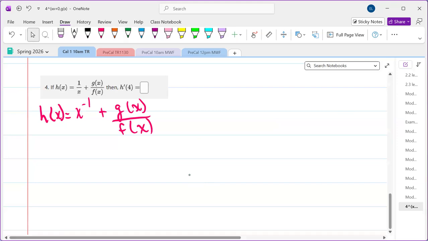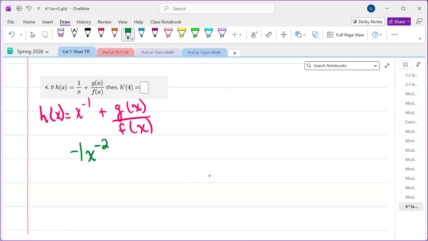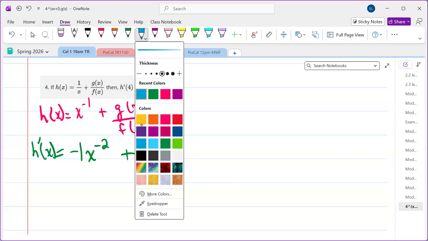All right, so our power rule will be negative 1 x to the negative 2 plus now our quotient rule. So quotient rule is low d high.